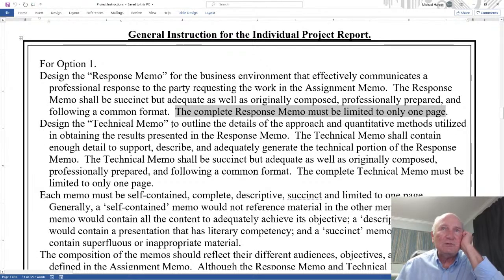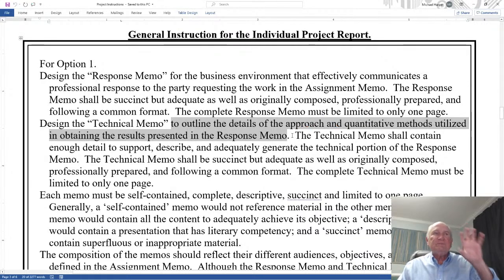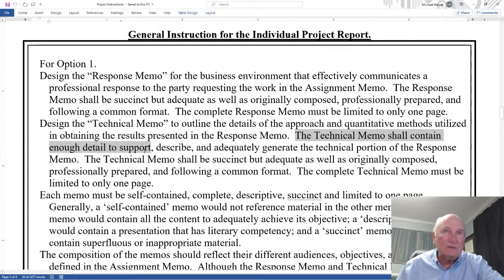Design the technical memo to outline details of the approach and quantitative methods utilized in obtaining the results presented in the response memo. In other words, the response memo gives the answer. The technical memo gives how you worked it, how you got the answer. The technical memo shall contain enough detail to support, describe, and adequately generate the technical portion of the response memo.